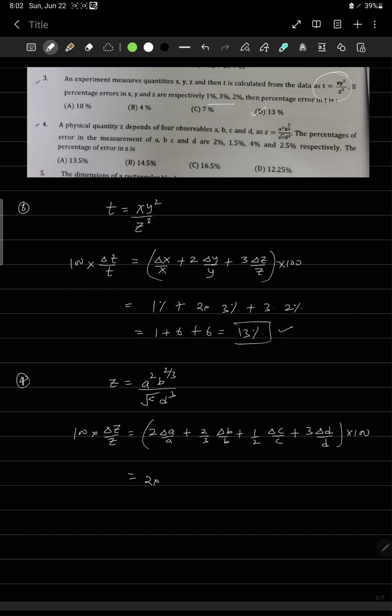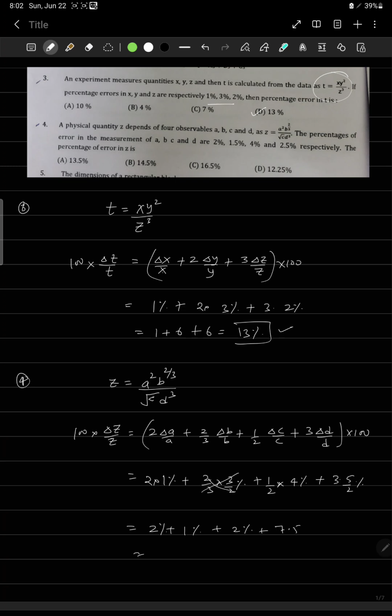Now if we put in the values: delta a by a into 100 is 1%, plus 2 by 3 into 3 by 2%, plus 1 by 2 into 2%, plus 3 into delta d by d, which is, sorry, I made a mistake, I saw the last question.